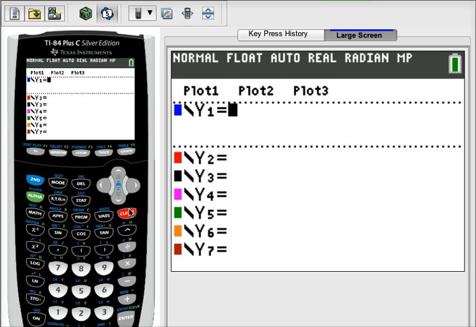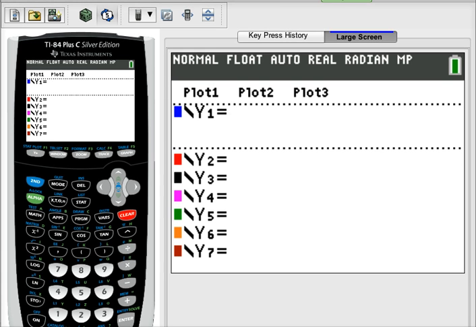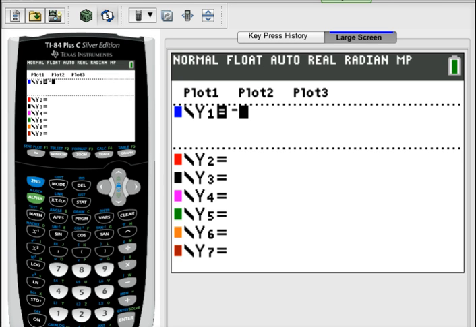So now I'm going to start typing in my new function. I apologize for that. My screen wasn't letting me hit the minus button.